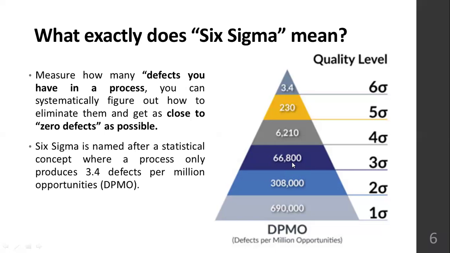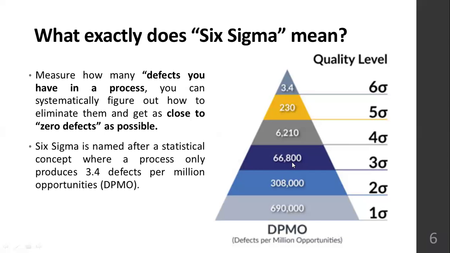Out of that 1 million opportunities, only 3.4 had errors or waste. The remaining 99.9996% was defect free product or service. That is Six Sigma.